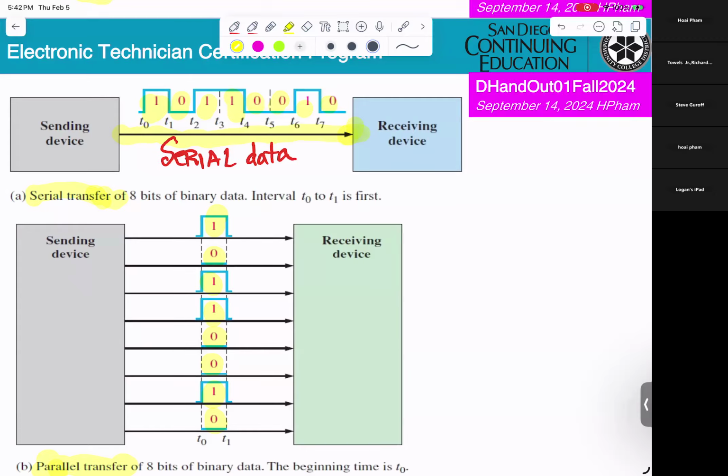If you're using parallel, you don't have room to put enough wire. In parallel, 1 bit needs 1 wire. So in the telephone system, they have to transmit by serial data. They need only 1 wire, and they can transmit too many binary bits. So an RJ11 is only one wire? 1 wire for telephone.